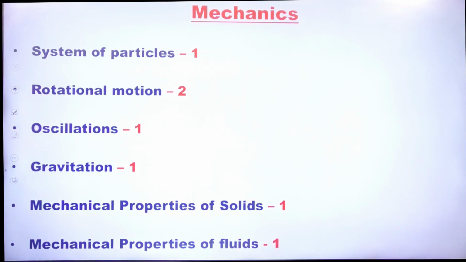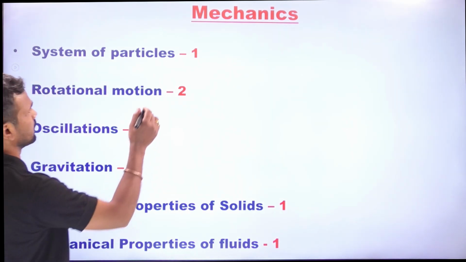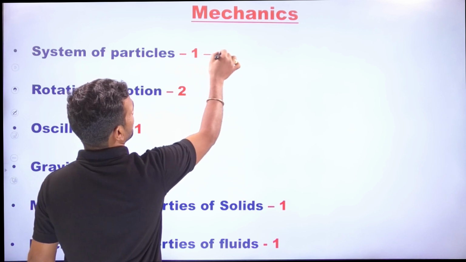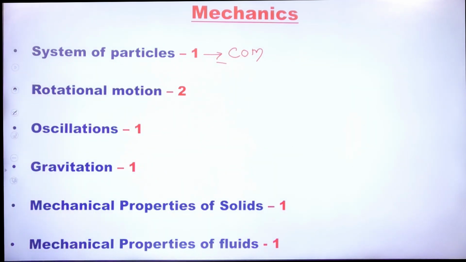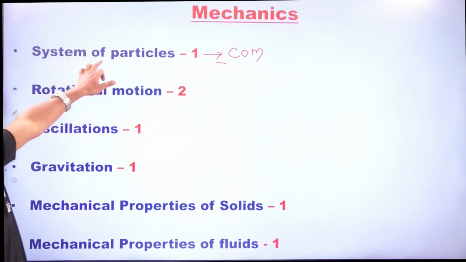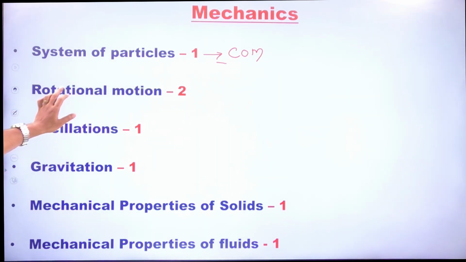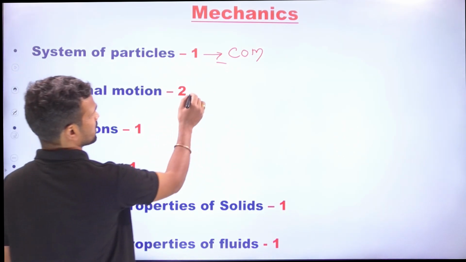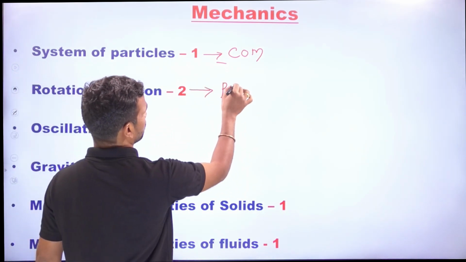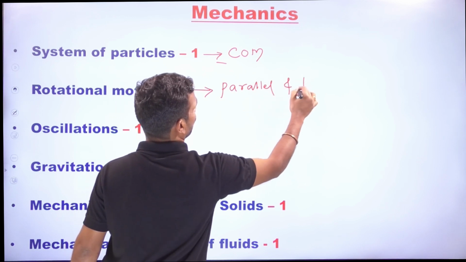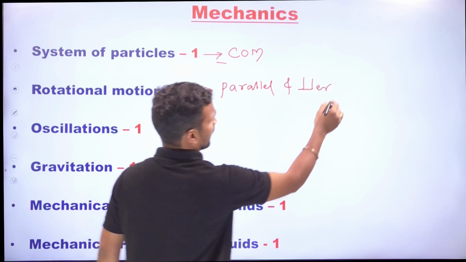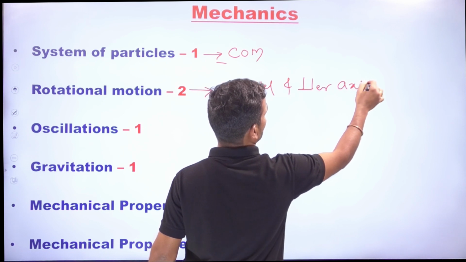The next one in mechanics, system of particles. In the system of particles, based on the center of mass concept, calculating the center of mass, you may get one question. In rotational motion, the parallel axis theorem and perpendicular axis theorem are deleted.